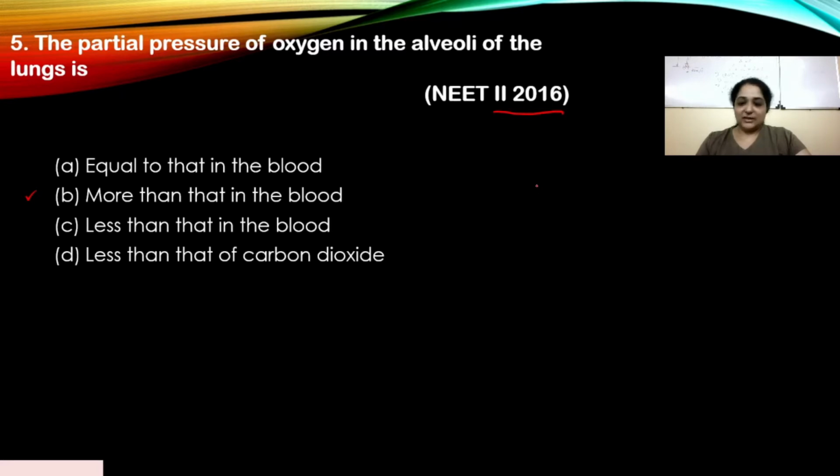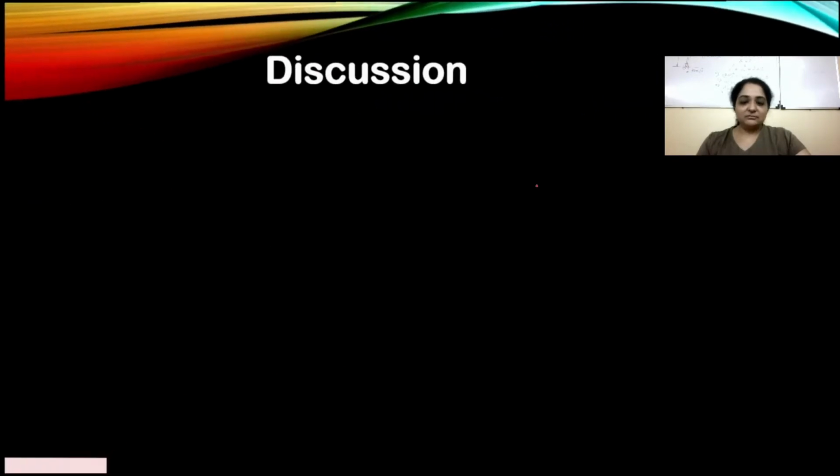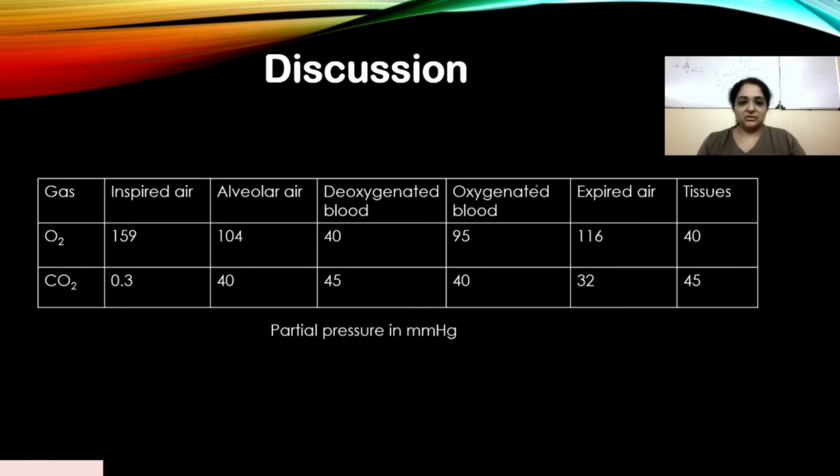Alright, let's look at the explanation. Again, this is factual based. You have your table in front of you. If you remember this table, you remember the values in the table, you will be able to answer all those questions related to partial pressure. This was partly logical, partly factual.